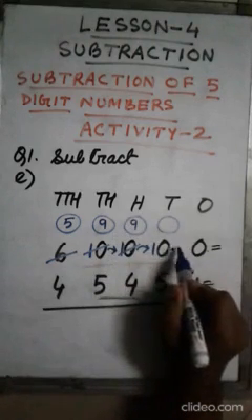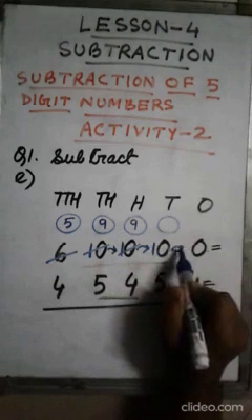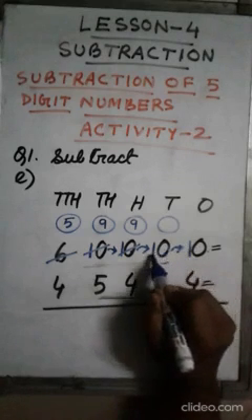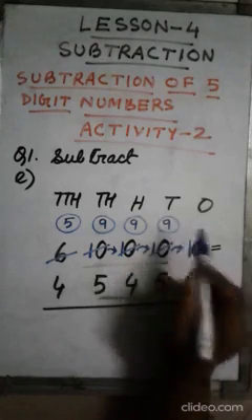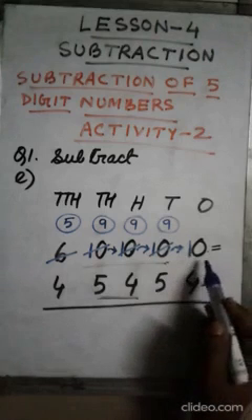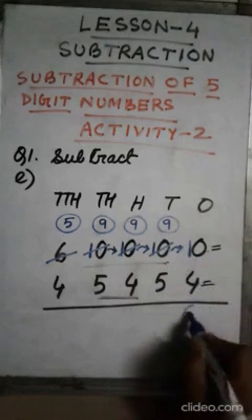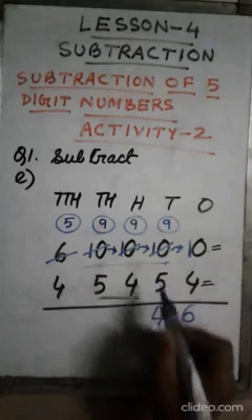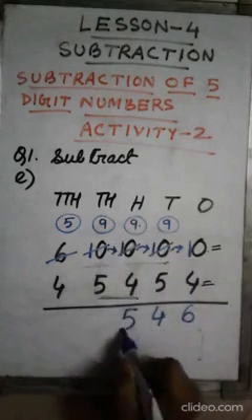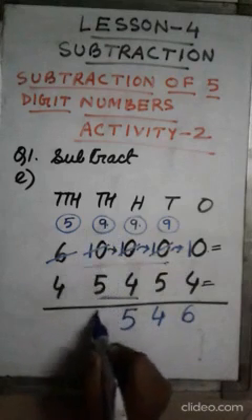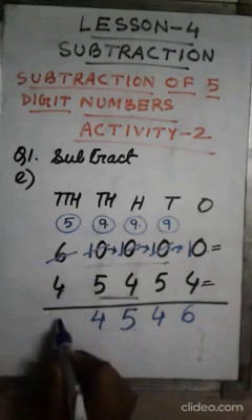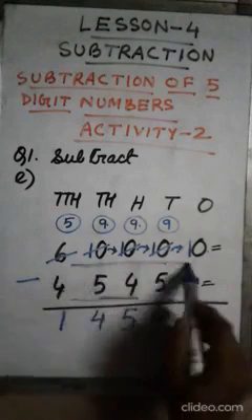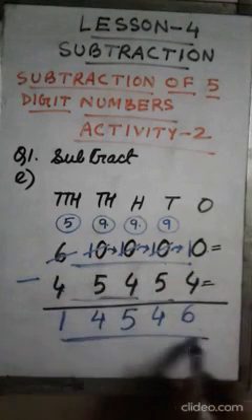From this number 10, I am borrowing 1 to 1's place, it becomes 10, this becomes 9. Therefore, 10 minus 4 is 6, 9 minus 5 is 4, 9 minus 4 is 5, 9 minus 5 is 4, 5 minus 4 is 1. So if we subtract this number from 60,000, the result will be this.